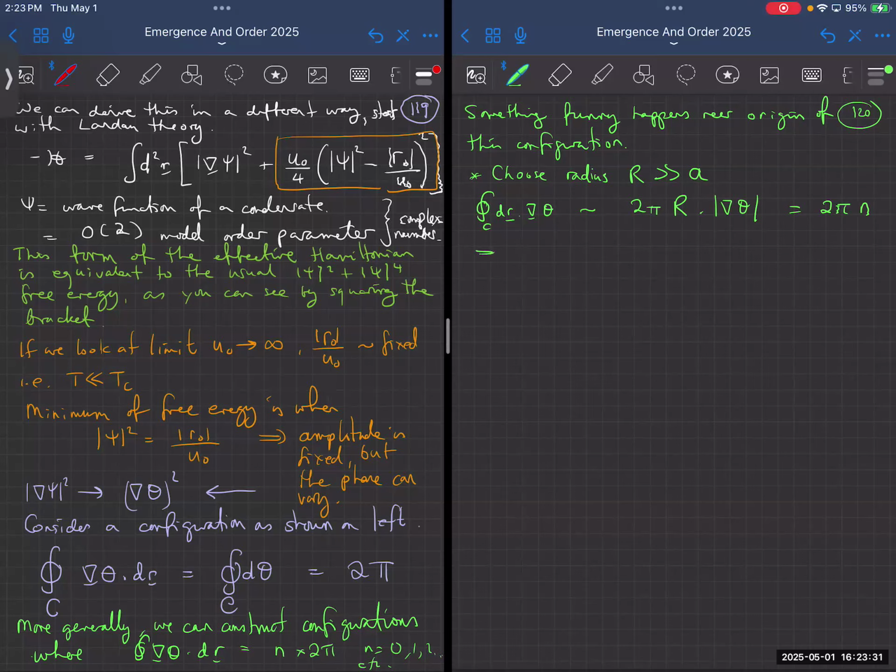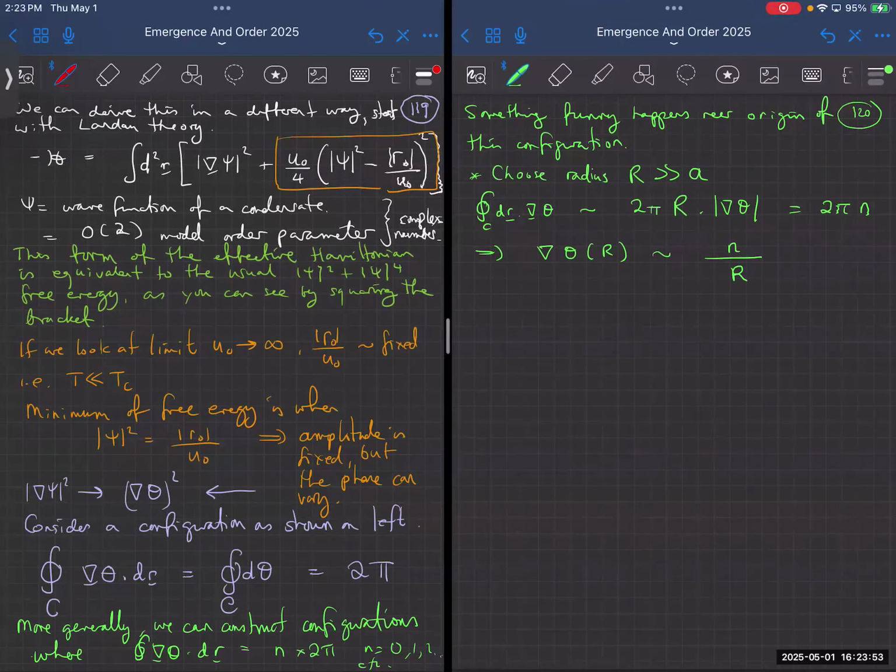And so that tells you that grad theta of r is proportional to n over r. So the gradient of theta actually scales as 1 over r.